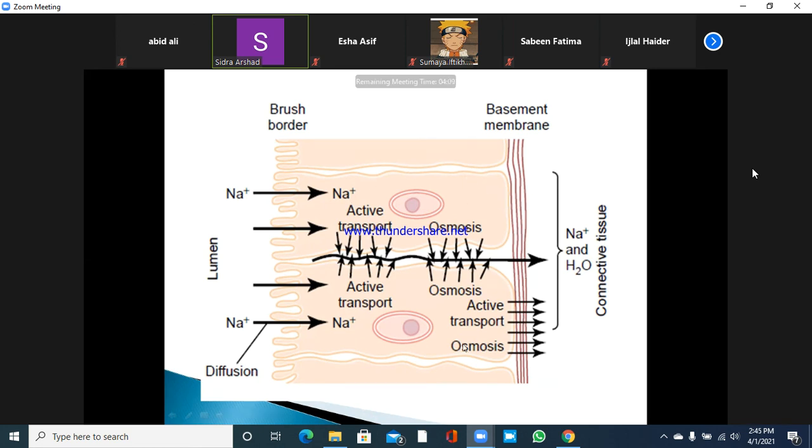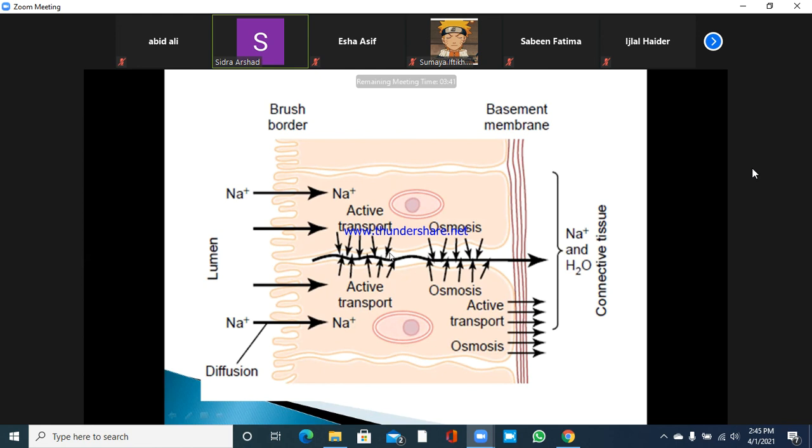So when we are talking about the movement of particles or ions in these layers of cells, how is that taking place? The first step is the active transport of ions. Right now we are just talking about the sodium ions, although there are so many other ions as well. But just to make things easier to understand, they are just talking about the sodium ions.